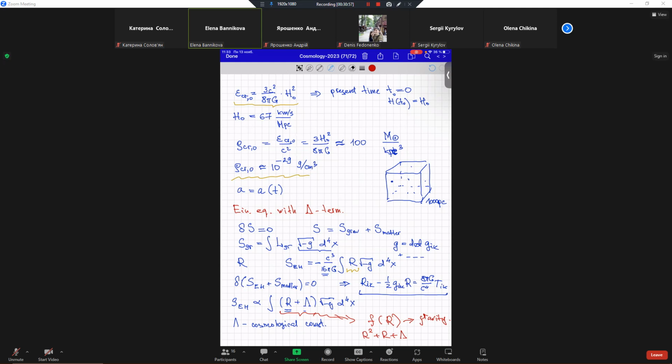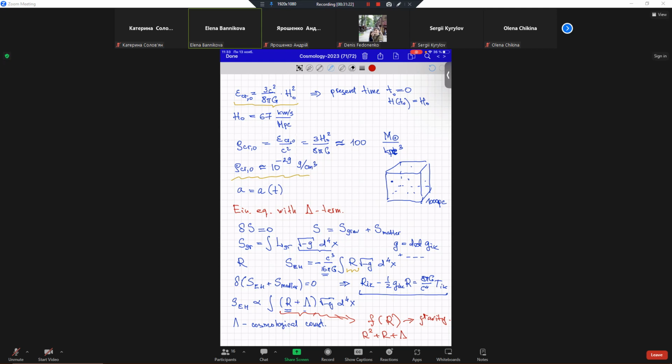So the inflation model, which we will consider later, is related to and can be described as a particular case of F(R) gravity. So this is just what I wanted to say about the Einstein equation and some special cases.